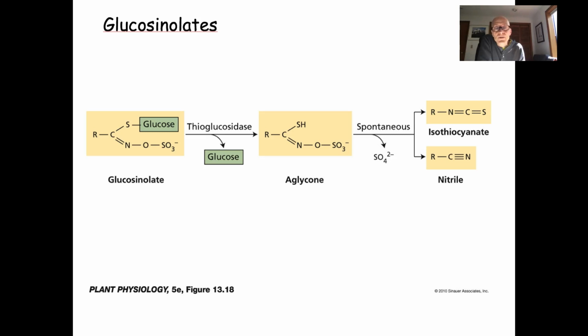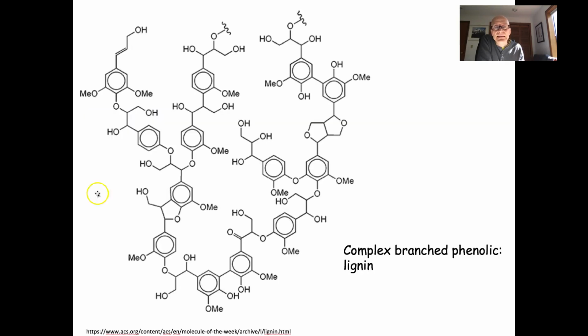I would never ask you to write down the chemical structure of a glucosinolate, but I would hope that you would be able to look at a structure, let's say like this, and see that it is derived from many phenolic compounds, so that it's a phenolic.